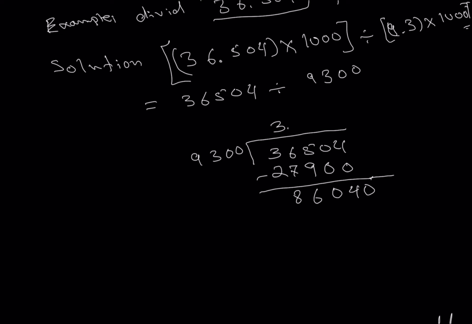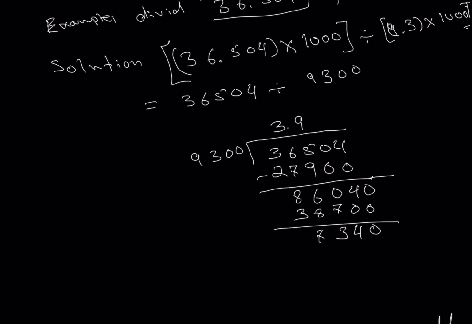9,300 will give me, at least we can do 9, because 9 times 9 is 81. 9 times 0 is 0, 9 times 0 is 0, 9 times 3 is 27, 9 times 9 is 81, and 2 will be 83. Now we can subtract these numbers. 0 minus 0 is 0, 4 minus 0 is 4, 0 minus 7 doesn't exist, but 10 minus 7 is 3. This was 16, this became 15. 15 minus 8 is 7.